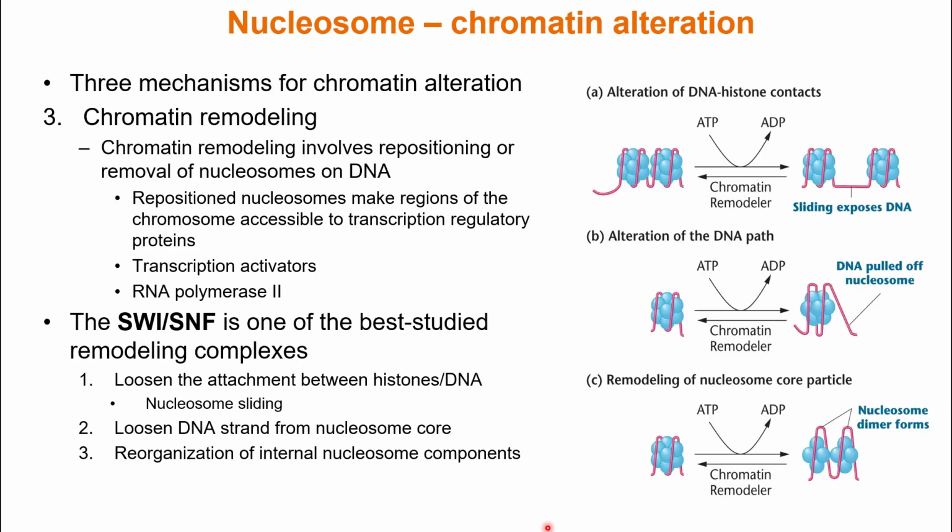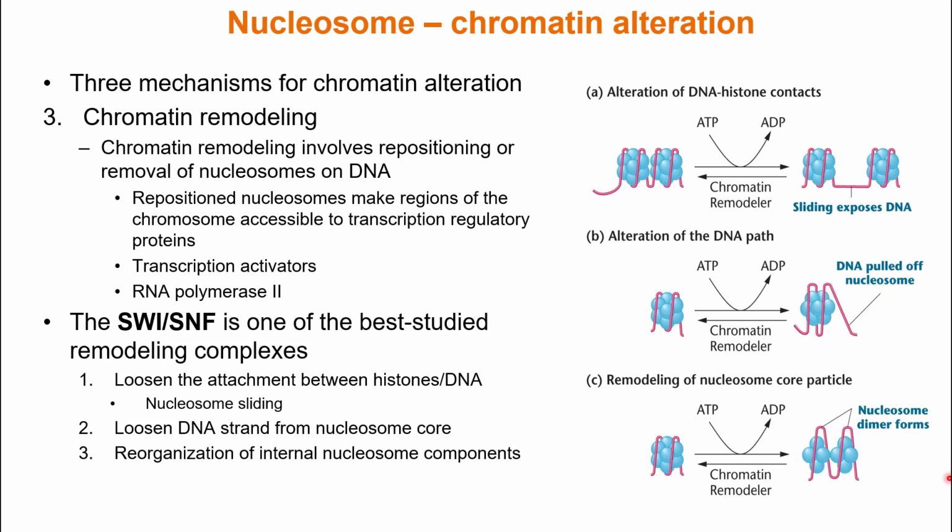Okay, so we've had histone variation, histone modification. The last is what we call chromatin remodeling. In this one, we're not changing the histones themselves, we're not modifying them, but we're utilizing additional complexes called chromatin remodelers to reposition, or in some cases even remove, the nucleosomes from the DNA.